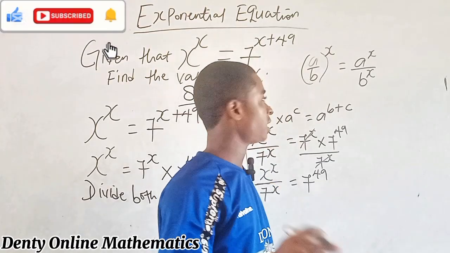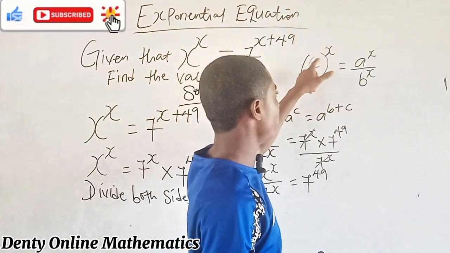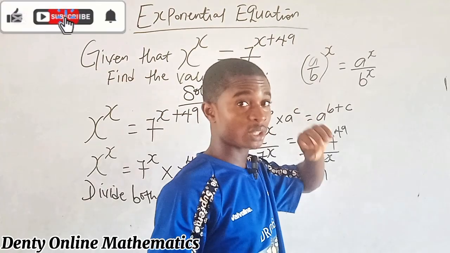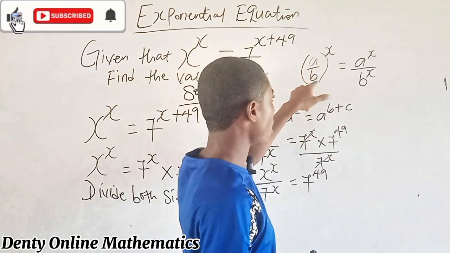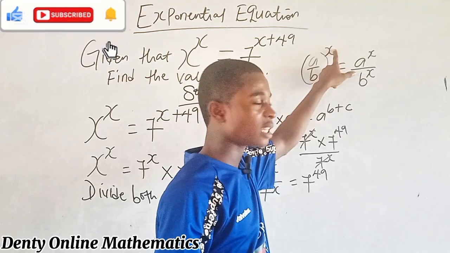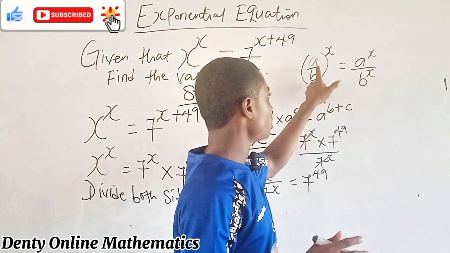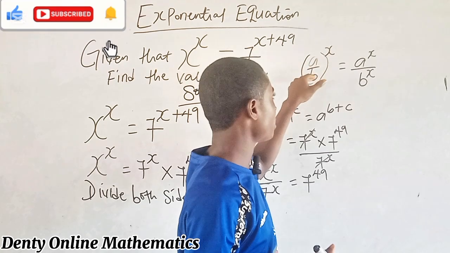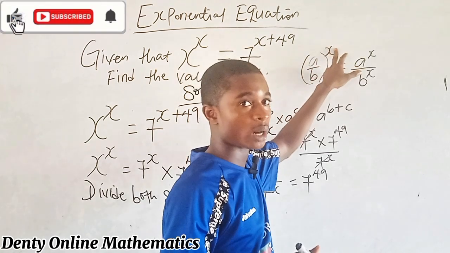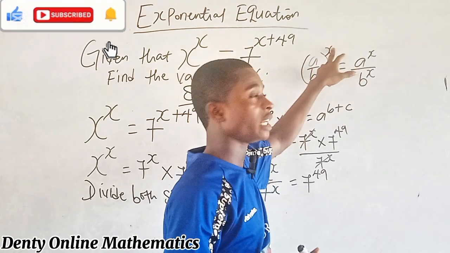What this means is, if you have a base in a fractional form, that means you have a numerator and a denominator, and all of them are raised to the power of x, you are not wrong, because everything inside the bracket will share the power, or the exponent.